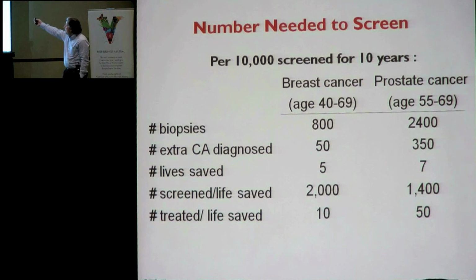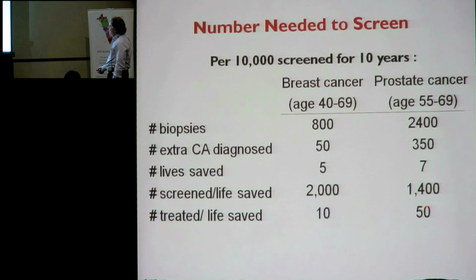The number needed to screen, I gave you breast cancer already. Let's look at prostate cancer. If you screen 10,000 men for 10 years of that age group, 2,400 would get biopsies. You would find 350 cancers. You'd save 7 lives. You'd have to screen 1,400 in order to save a life.